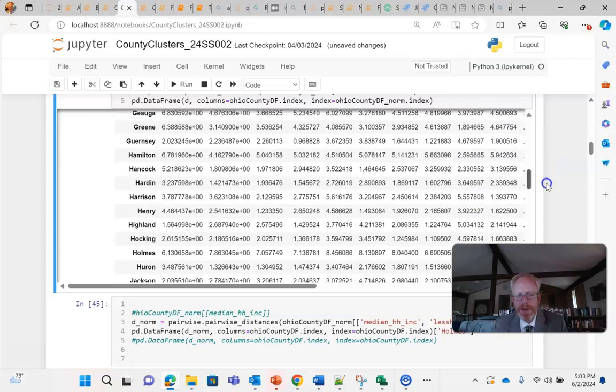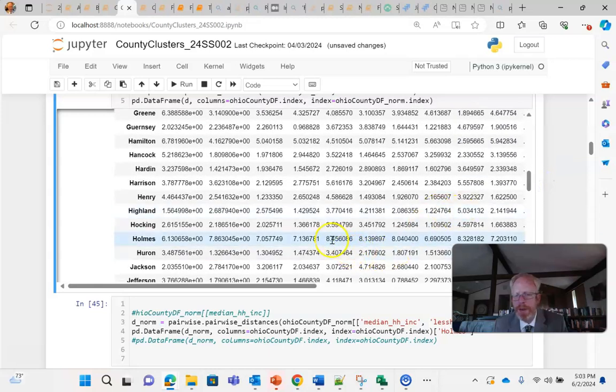If we get down to Holmes County, notice that this is really an outlier compared to our other counties. If we look at the distance, we often see a whole number that's like 8, so a fairly significant distance.